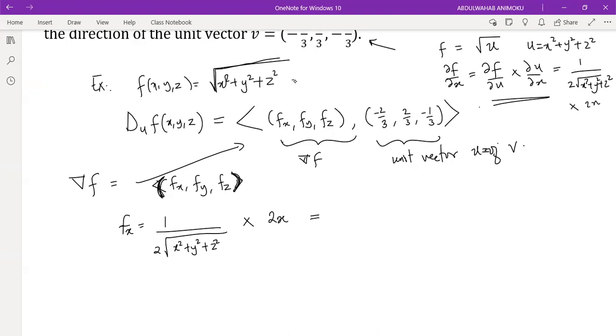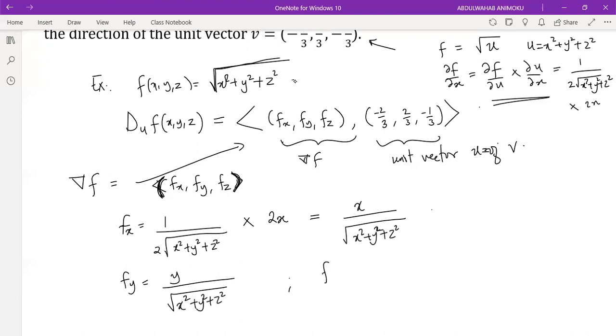Now when we simplify this, we see that this is x over the square root of x squared plus y squared plus z squared. Quite easy, right? Then we do the same thing for y. We have the same thing, just that this time we have y over the square root of x squared plus y squared plus z squared. And finally, for fz, similarly, we'll have z over the square root of x squared plus y squared plus z squared.